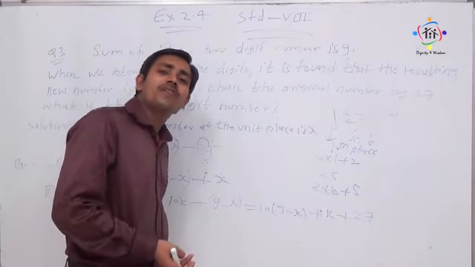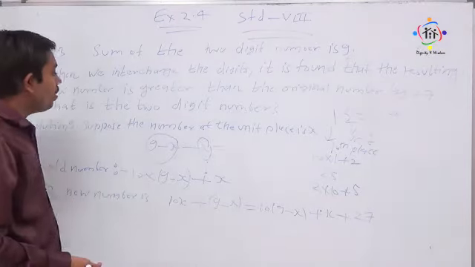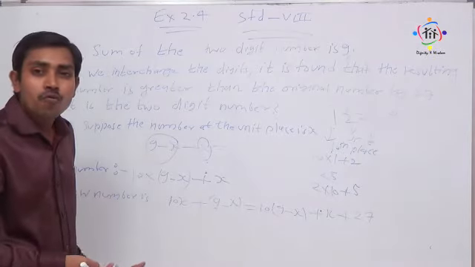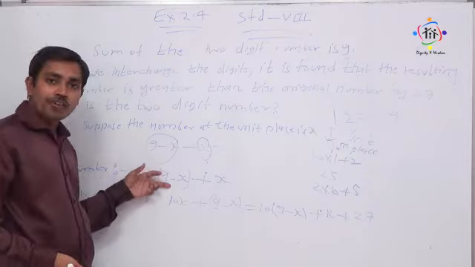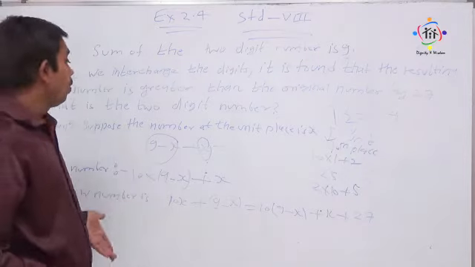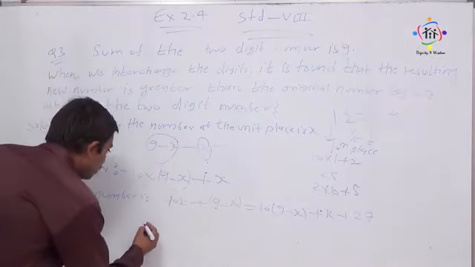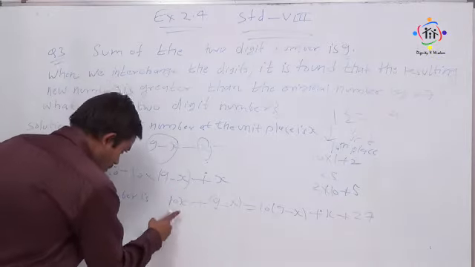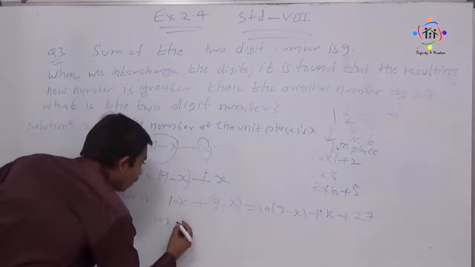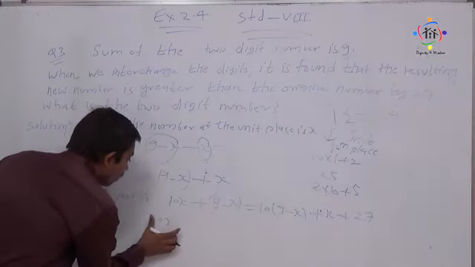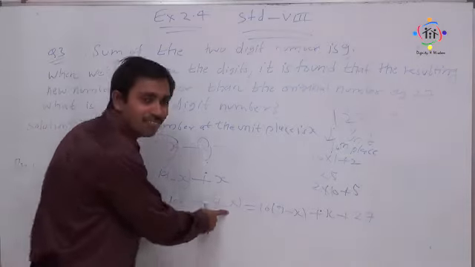We will segregate the variable on one side and the constant on the other side in order to determine the value of x. Once we know the value of x, by substituting in this equation we will know the required number. So let us do that. So, my dear students, open the bracket 10x. Now see, here we can directly open the bracket 10x minus x.